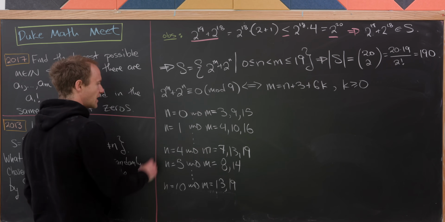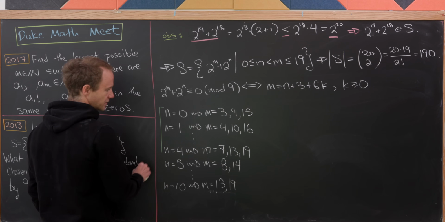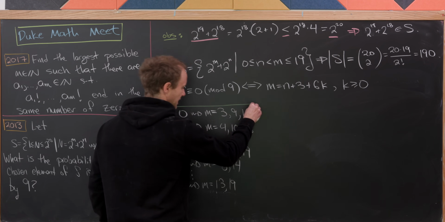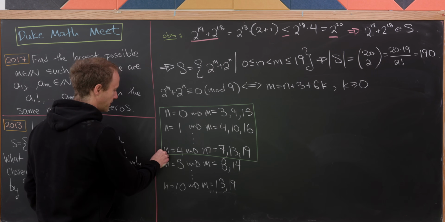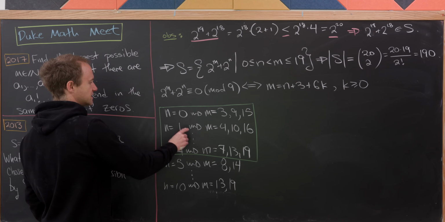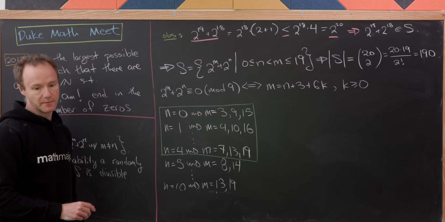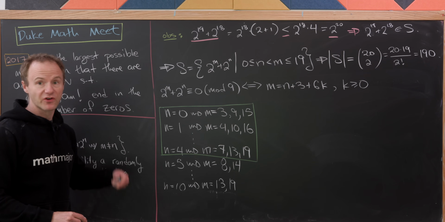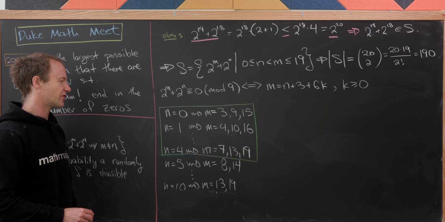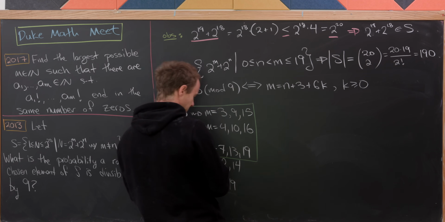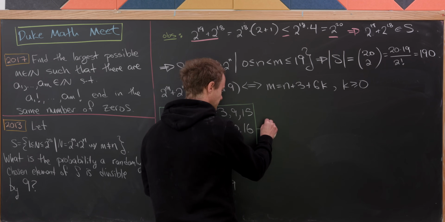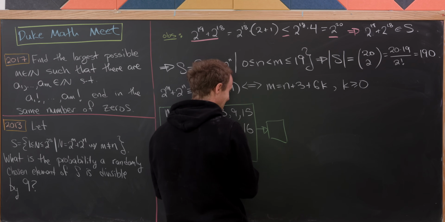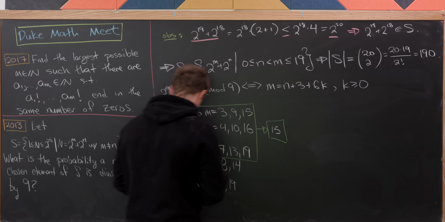And now, let's block these off a little bit. So notice that all of these that I'm blocking in this first green box correspond to 3 choices for m. So we've got 5 choices for n, and for each of those choices for n, we have 3 choices of m. That means that inside of this green box is exactly 15 numbers.